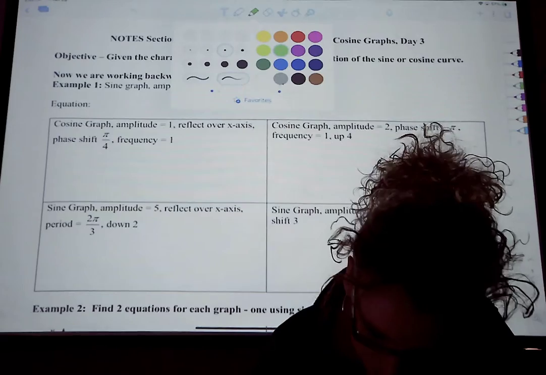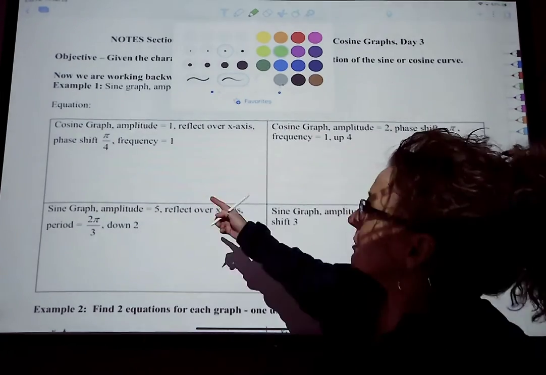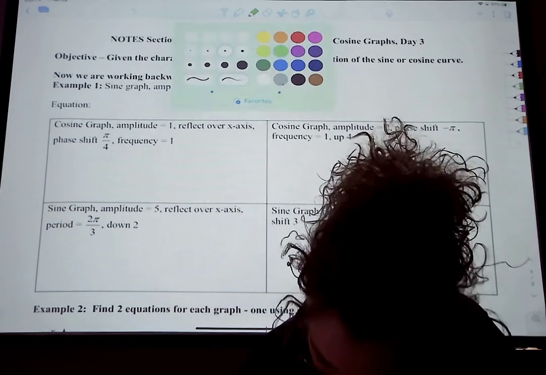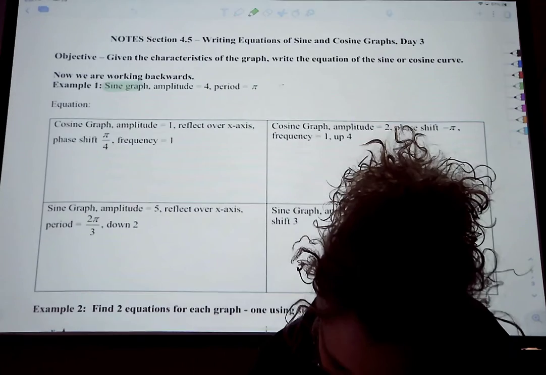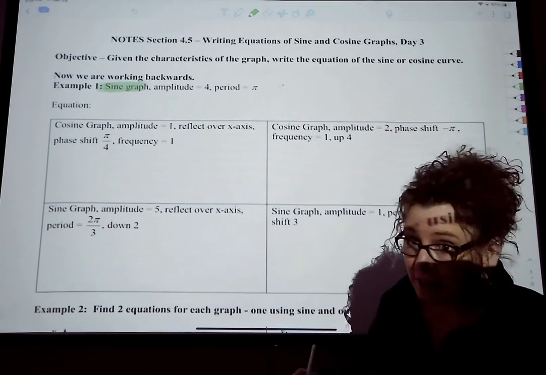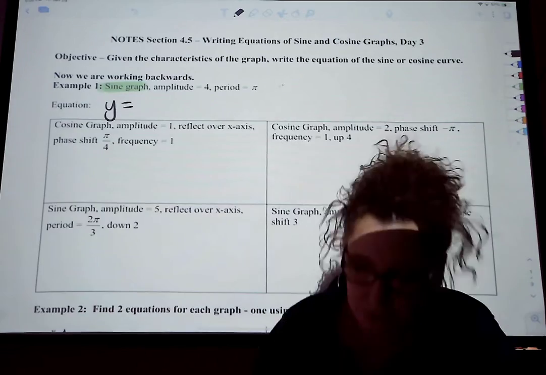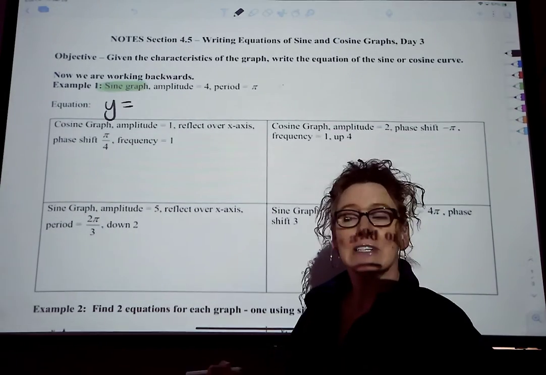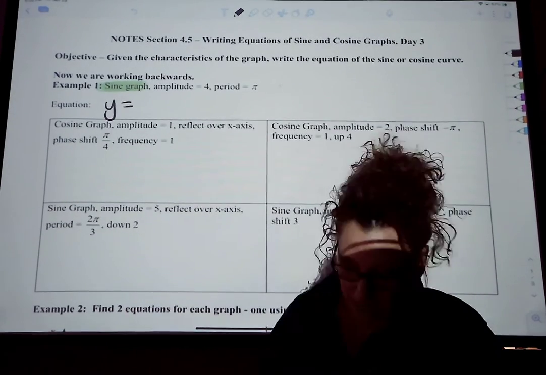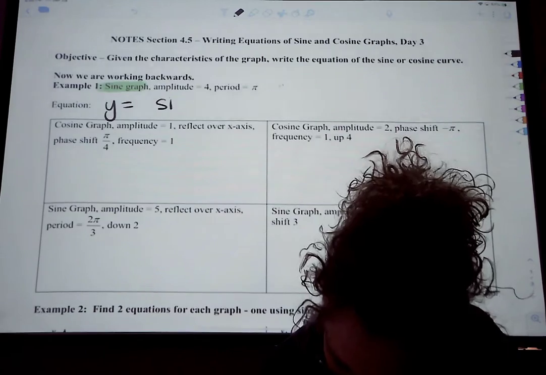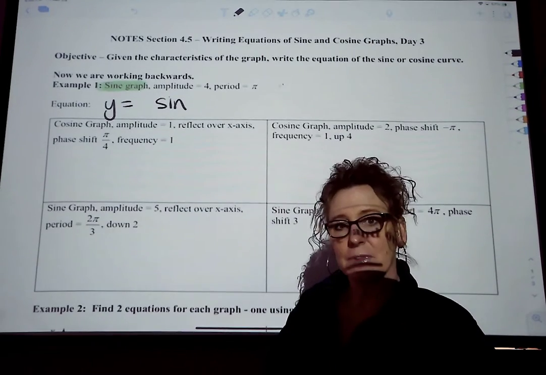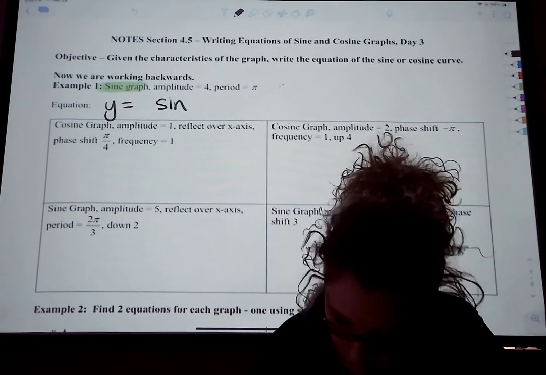For the example, it says, make an equation of a sine graph. So I'm going to start my equation with y equals, because an equation has to have an equal sign. It's a sine graph, so I'll have the SIN abbreviation and an x in it.